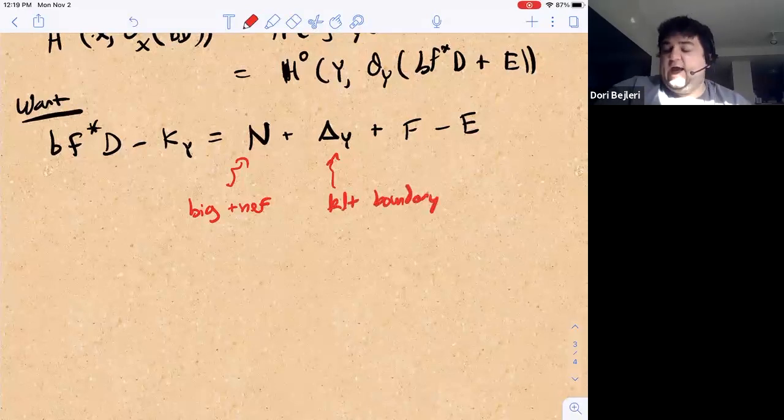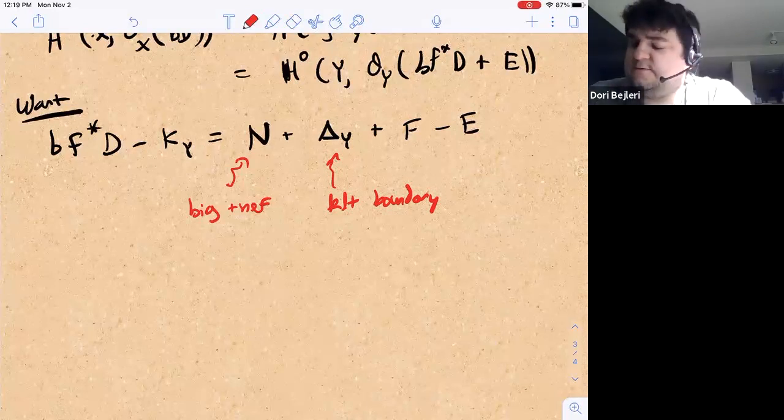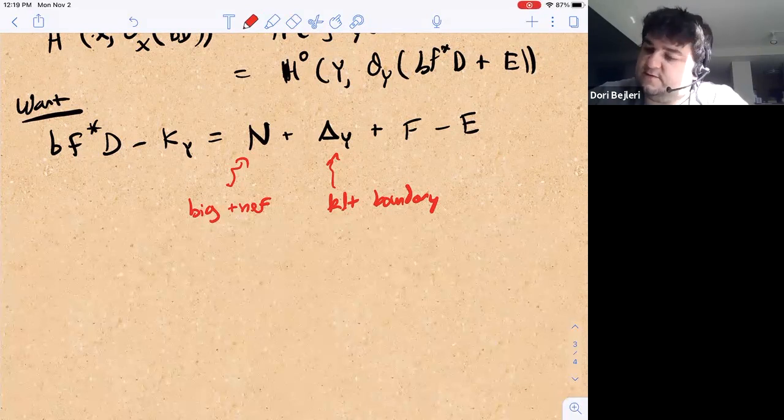So now N plus Delta_Y will satisfy Kawamata-Viehweg vanishing. That cohomology of K_Y plus N plus Delta_Y will vanish, or cohomology of anything numerically equivalent to that will vanish. And then F, we want this to be some irreducible divisor where we can induct.